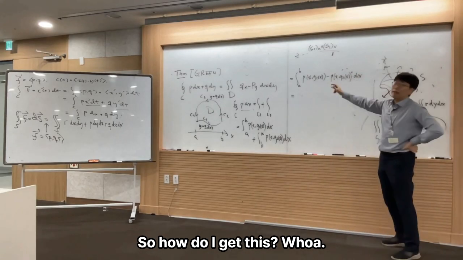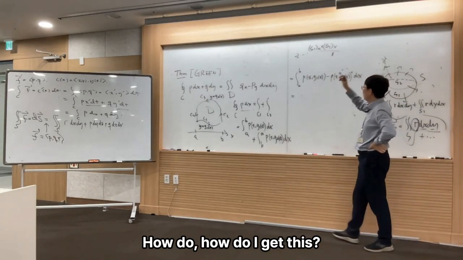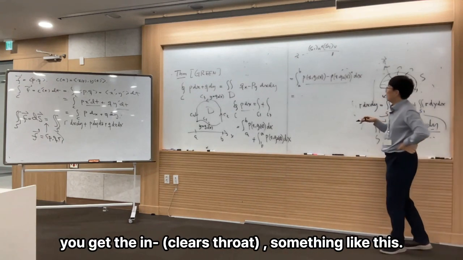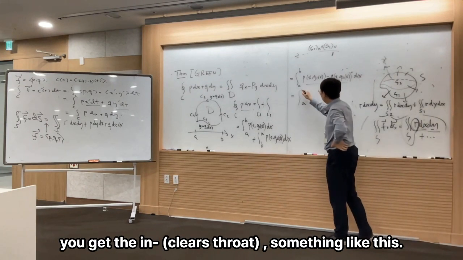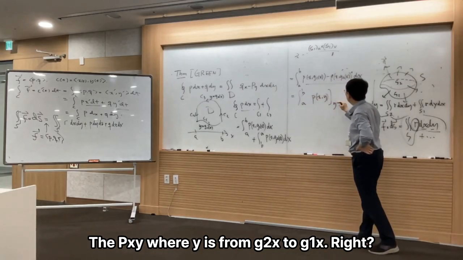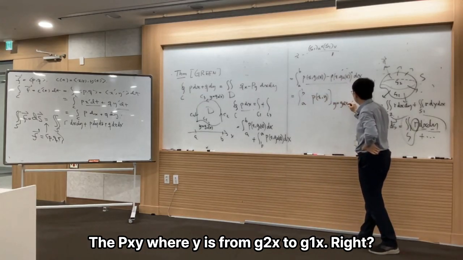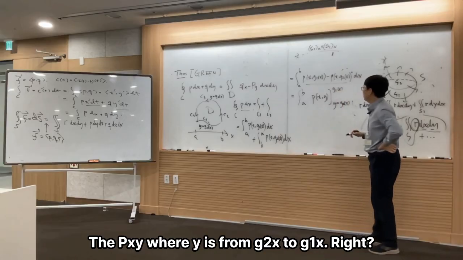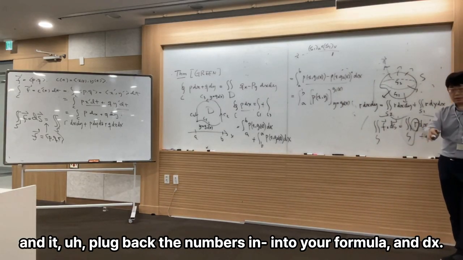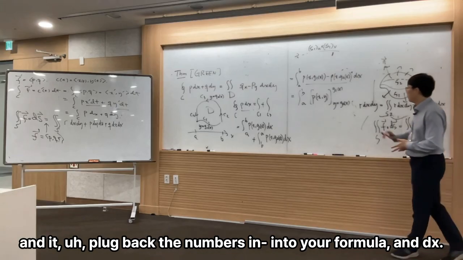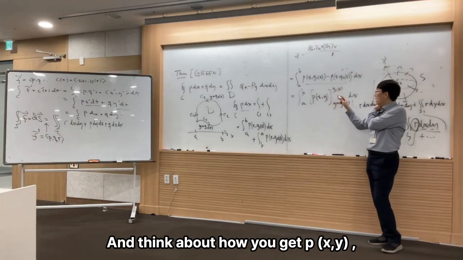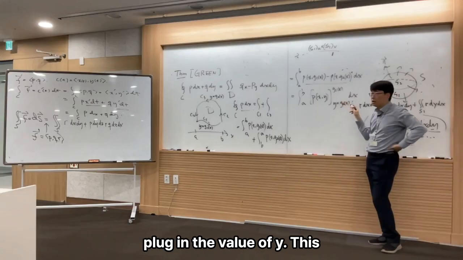Okay, so how do I get this? You can imagine that you get something like P(x, y), where y is from g2(x) to g1(x). Like you get the antiderivative and plug the numbers back into your formula, and dx. Think about how you get P(x, y) and then plug in the value of y.